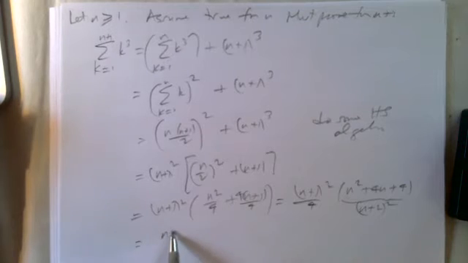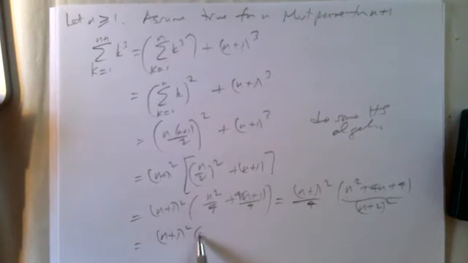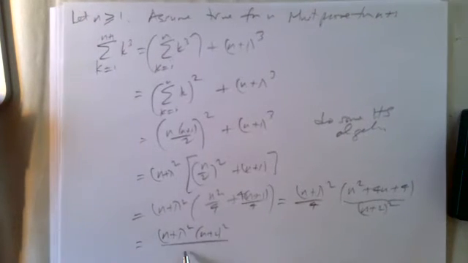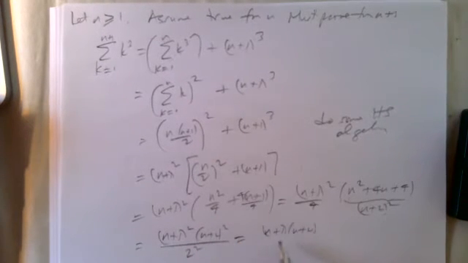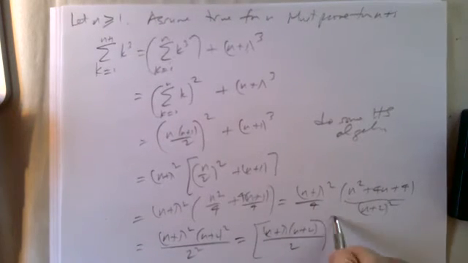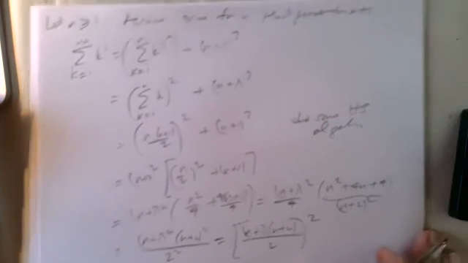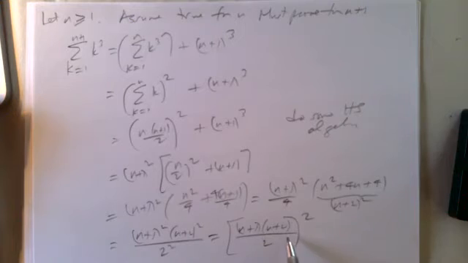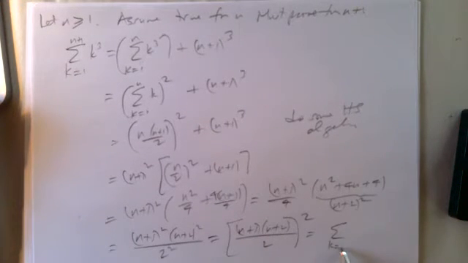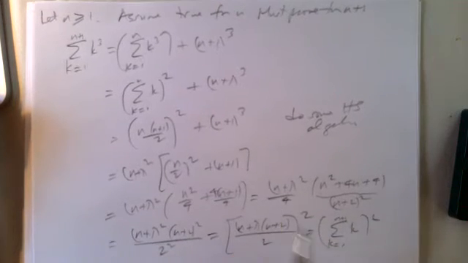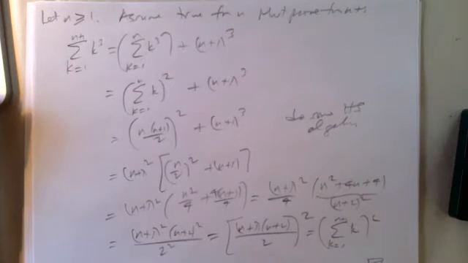So what I have is n plus 1 squared times n plus 2 squared over 4, which is n plus 1 times n plus 2 over 2, all squared. But this is just the formula for the sum of the first n plus 1 integers, squared. And that's the end of the proof. That's what I wanted to prove.